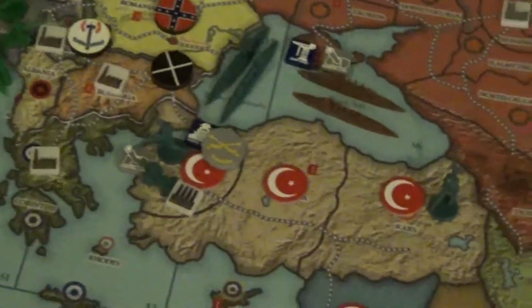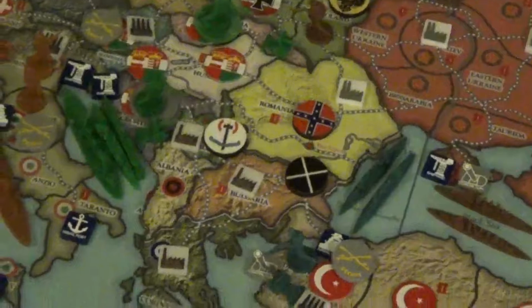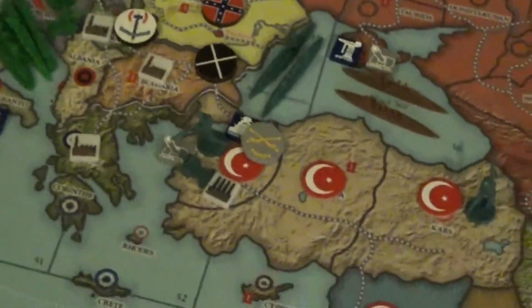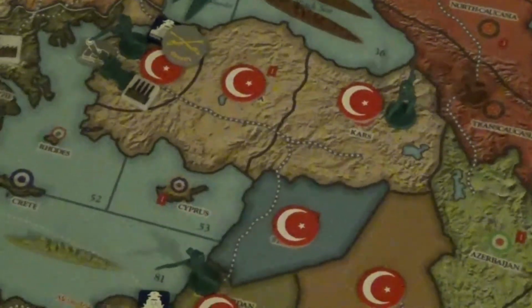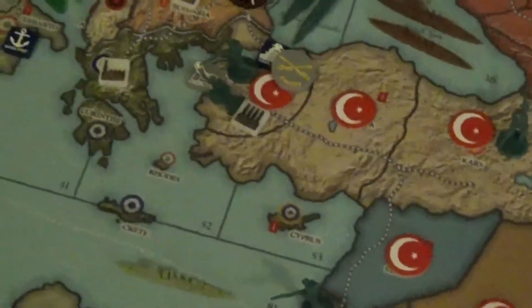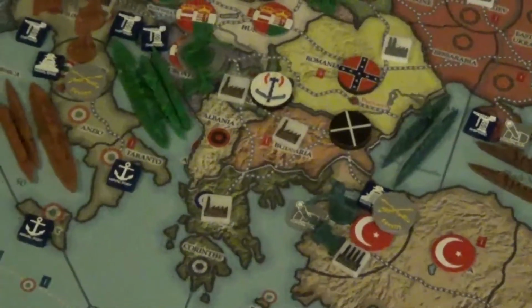Notice the last scenario that had the Ottoman Empire in it, the Ottomans reached all the way up into Romania, now they don't. That's because the Ottoman Empire was waning, and it's called the sick man of Europe. Its power was diminishing and it had lost quite a significant amount of territory.